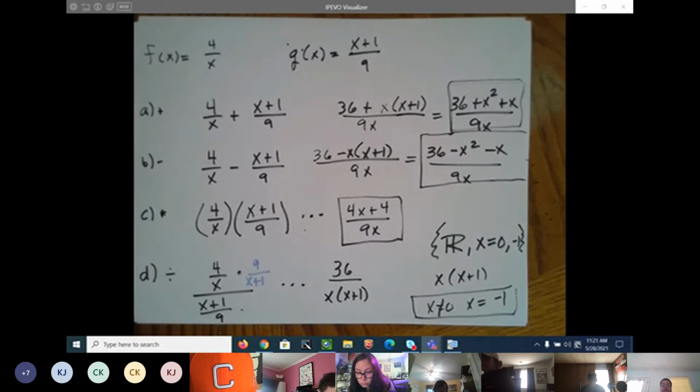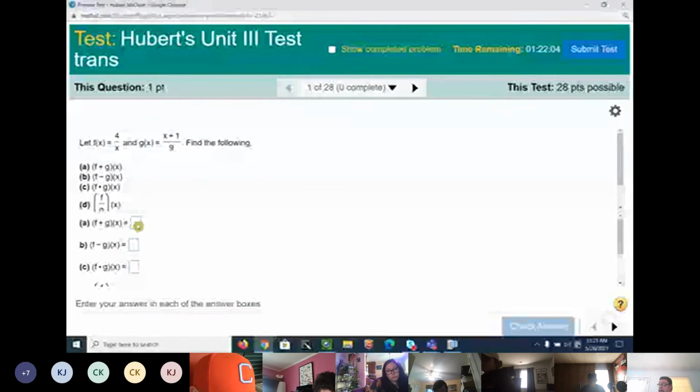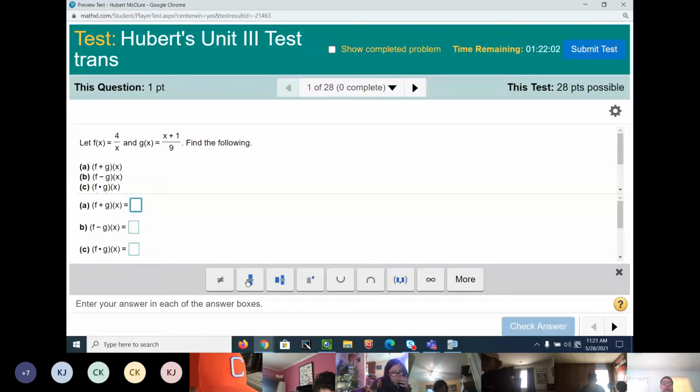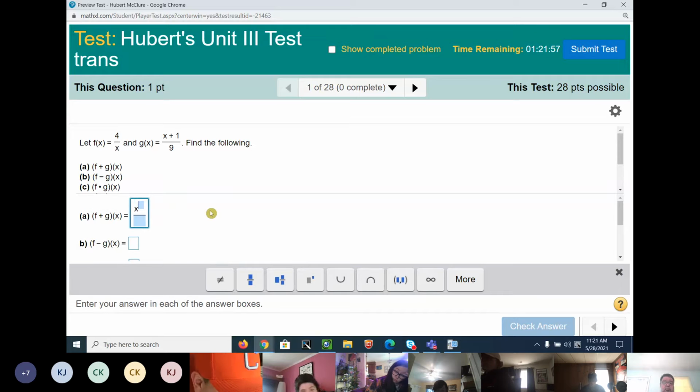So let's see what they want. Let's see if they want what I think they want. So this is going to be a fraction, and the top is going to be x squared plus x plus 36 over 9x. And the next one is going to be almost the same thing, except negative x squared minus x plus 36 over 9x.